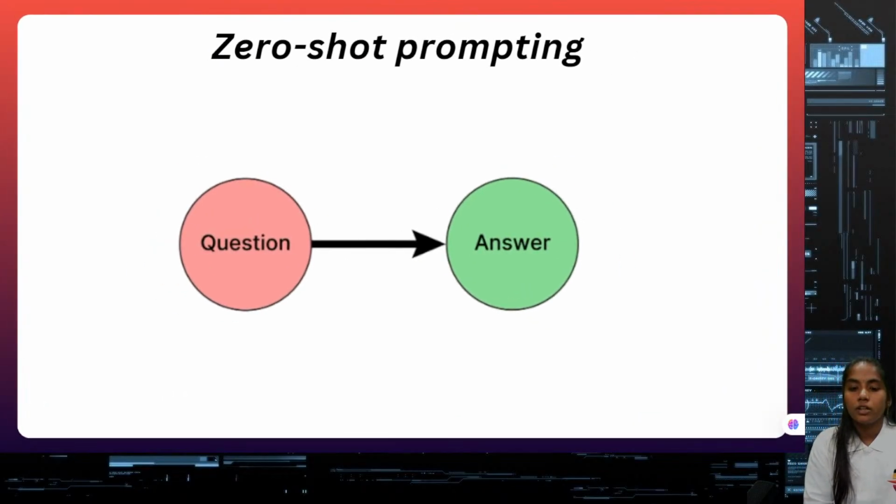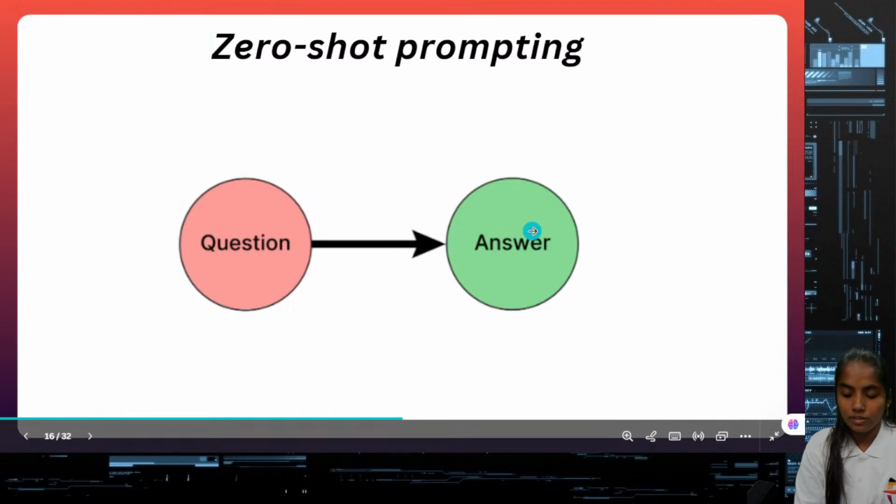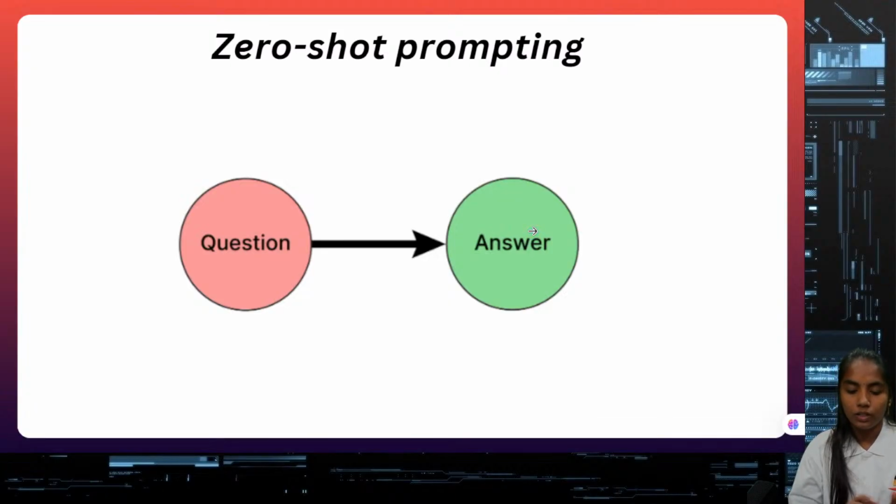So first we are discussing the first prompt, which will be zero shot prompting. What is the meaning of zero shot prompting? By seeing this picture you can understand exactly what zero shot prompting is. Zero shot prompting is nothing but giving the question and getting the answer. Simply, what is Python, and you get the answer. That's it. You can call it zero shot prompting.